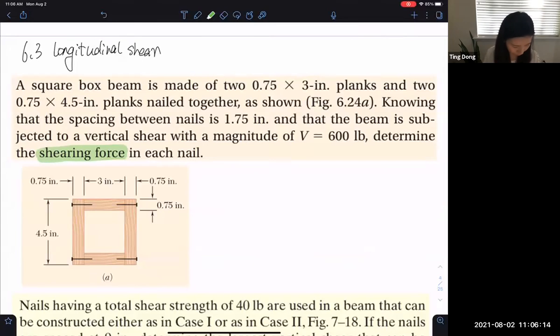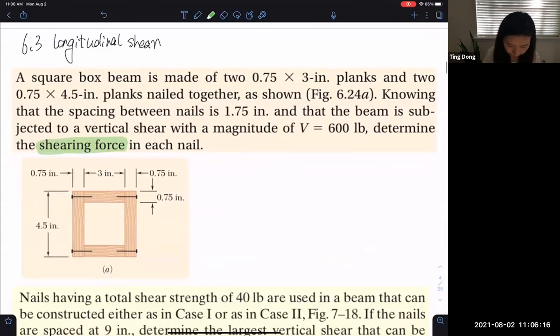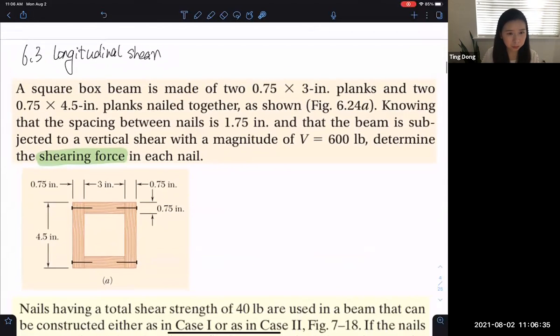For example, in this situation, this now becomes a cutting surface. On this cutting surface is the shear force carried by the nail, and I think the allowable is given.